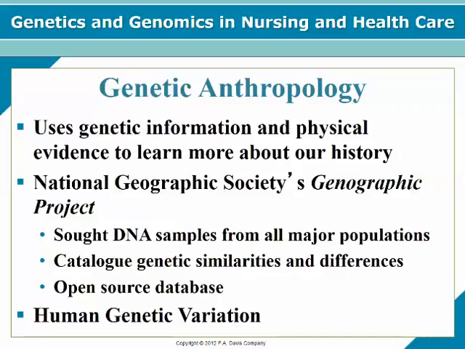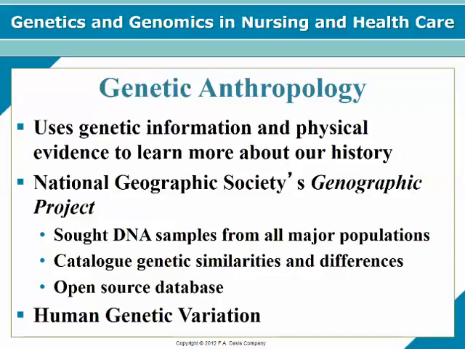So it's this huge database of DNA samples from populations from all over the world, and it's cataloged so that we can cross-reference different DNA and see the human genetic variations. It's pretty interesting. There's a video on Blackboard that addresses some of this, so be sure you watch those videos that we posted.